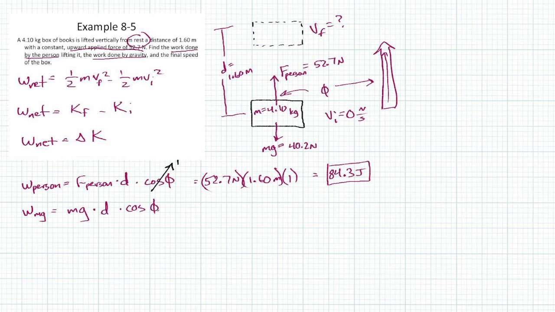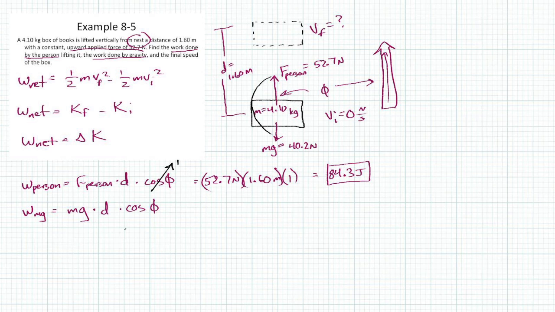of phi. Okay, think about this for a minute. If the angle between our person force and our displacement is 0, what is the angle between this weight force and the displacement? Oh, that's 180 degrees from the direction of displacement. And so the cosine of 180 is going to be negative 1.